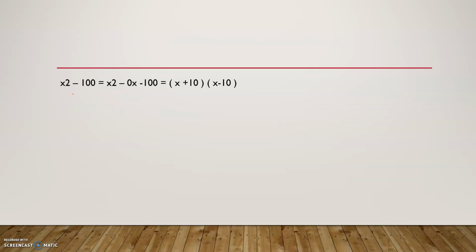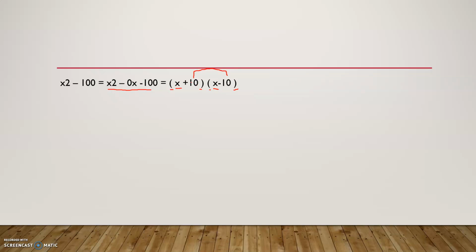So to factorize x squared minus 100, we can rewrite the equation as x squared minus 0x minus 100, and now we need two sets of brackets. Then we write x on this one and x on this one as well, and now we write 10 here and 10 there. So 10 times 10 would be 100.